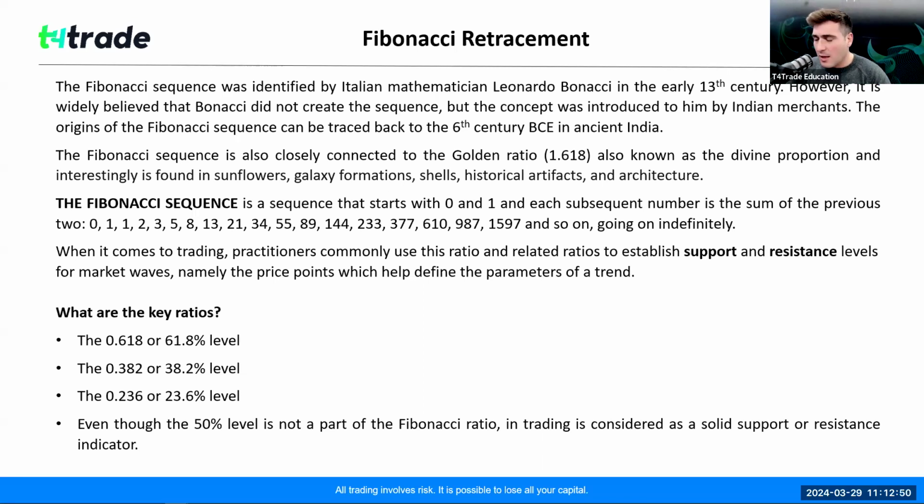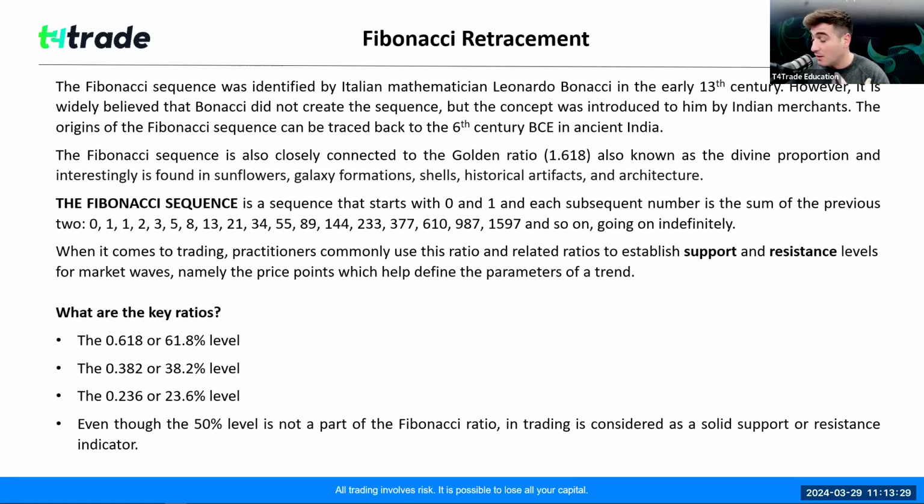It's also known as the divine proportion, and it's interestingly found, from my point of view, pretty much everywhere: in sunflowers, in galaxy formations, in shells you can find on beaches, on historical artifacts, in architecture, on faces, and in the anatomy of human beings. It's pretty much everywhere, and for some reason our brains are calibrated at identifying this and branding whatever we're looking at as aesthetically pleasing or divine, as the name comes out, divine proportion.